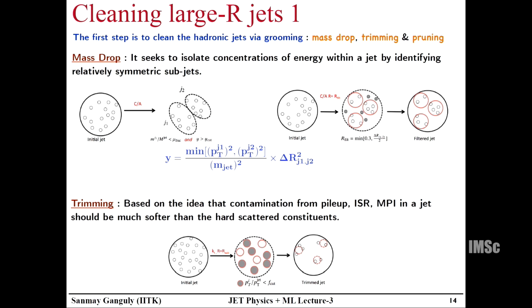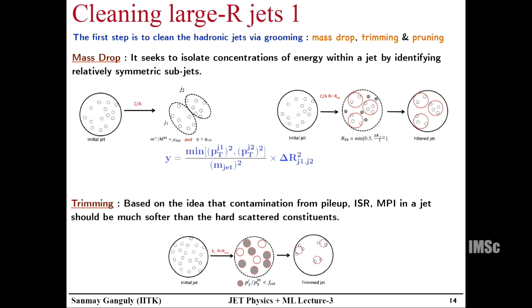This is exactly that: you put a cut on the Y, and there is also a cut on how the jet mass will be split, and you filter the jet and throw away some junk. Similarly, there is something called trimming.